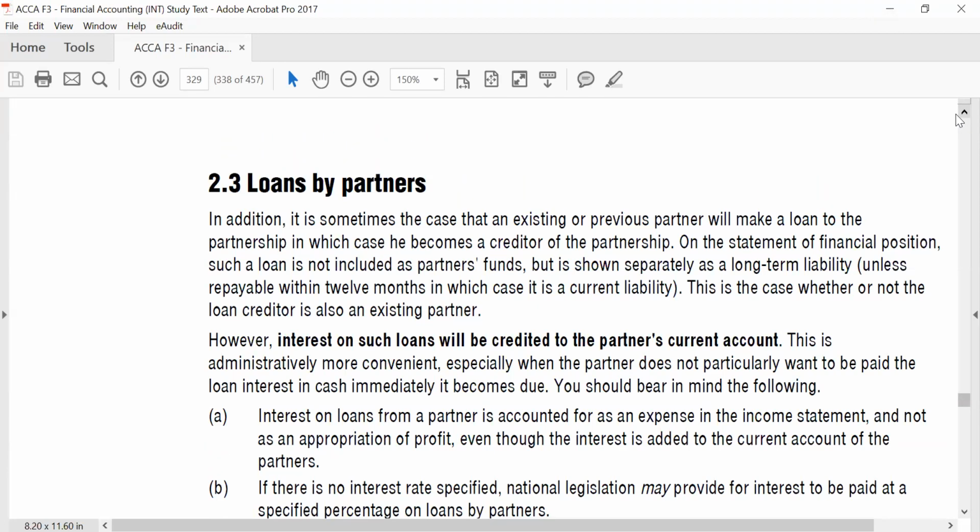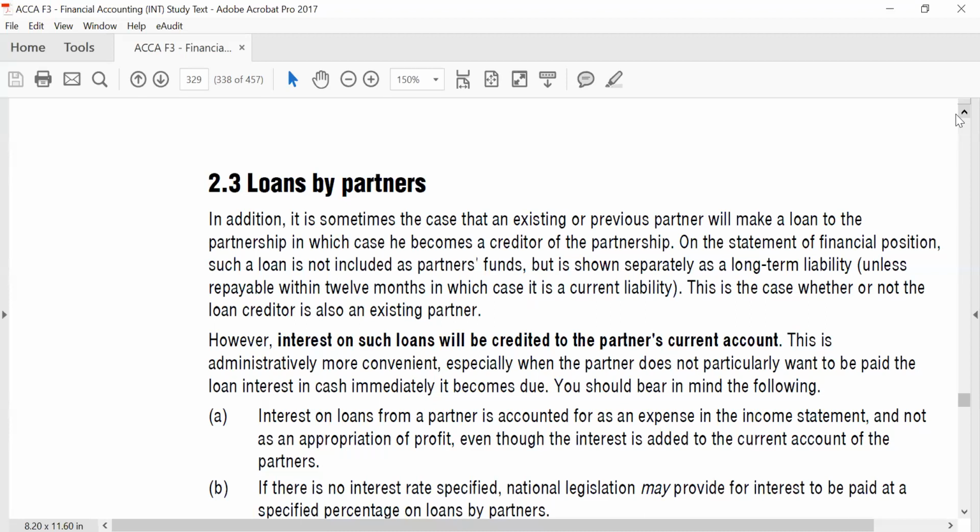Okay. So I also want to comment on loans by partners. Like I said, partners, instead of contributing capital, can also give us loans. And these loans are supposed to be paid back later. But before they are paid back, we usually have interest on them. So the partner is like a bank. You have given us a loan and we have to pay you interest on an annual basis.